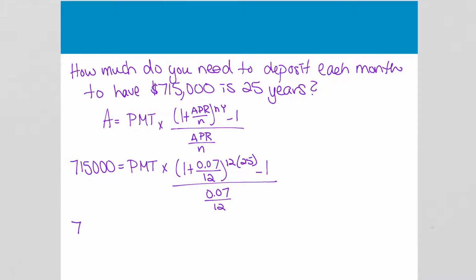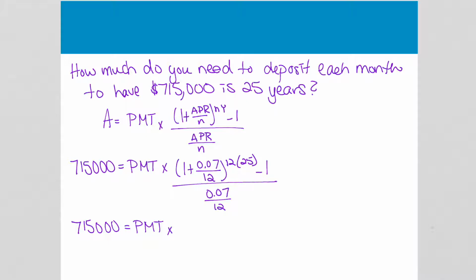If we reduce this as much as we can, we're not going to get very good numbers because 0.07 is not perfectly divisible by 12. We're going to get a really long number, and so I'm going to write it out.